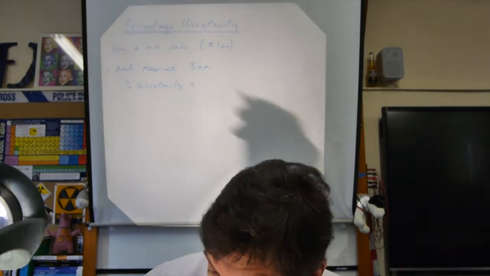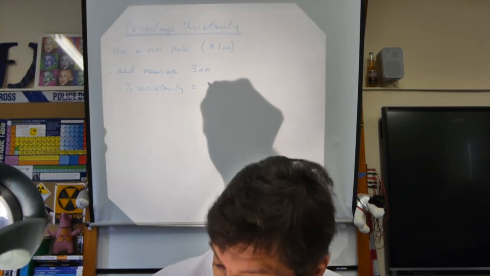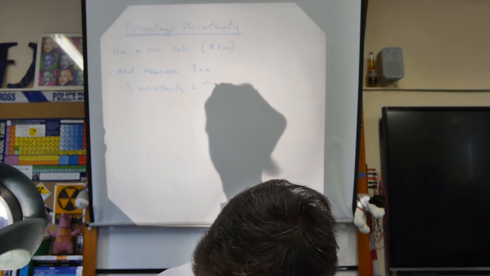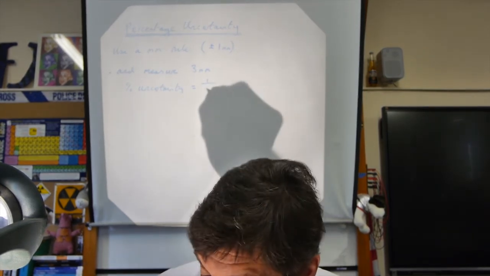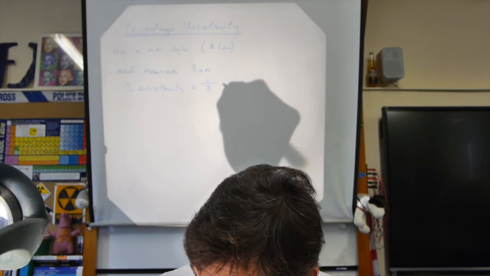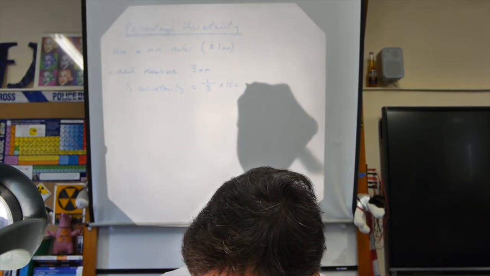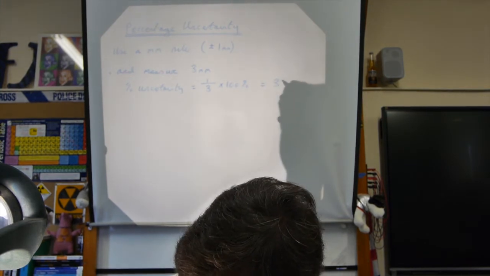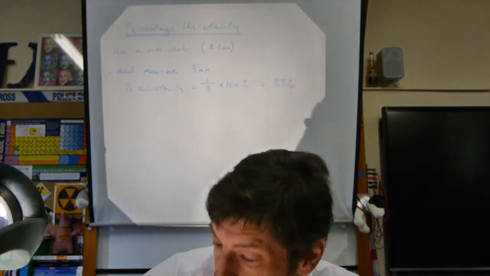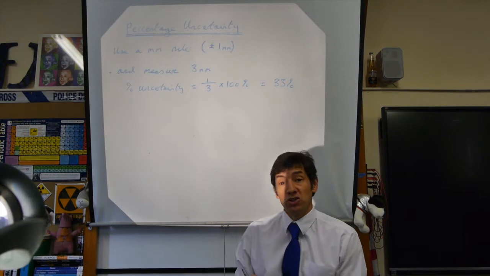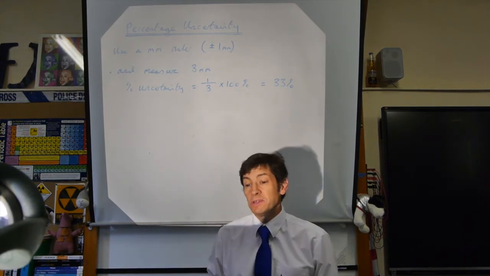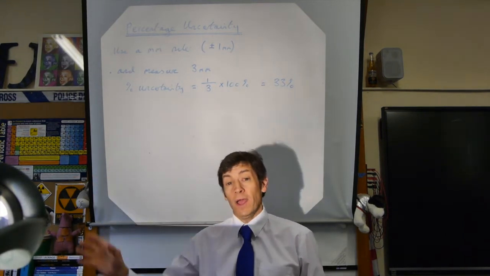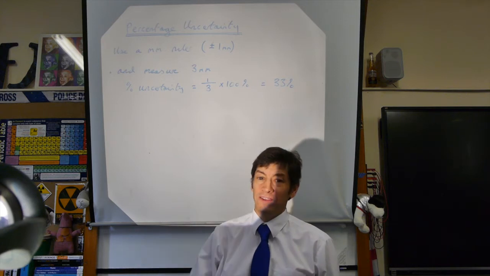The biggest amount we could be out by is 1 millimetre, and it's 1 millimetre in 3 as a percentage, so that's 33%. So our measurement could be 33% out either way of the known value.